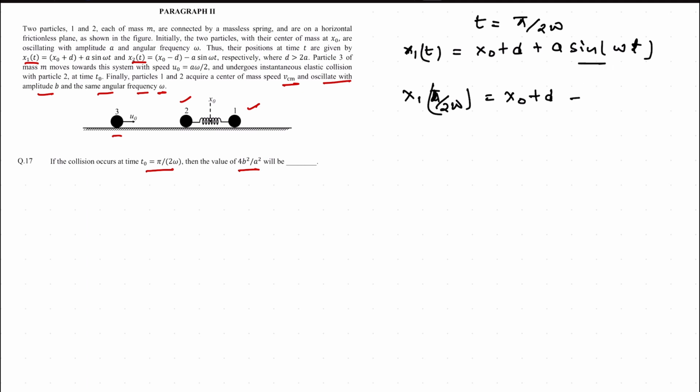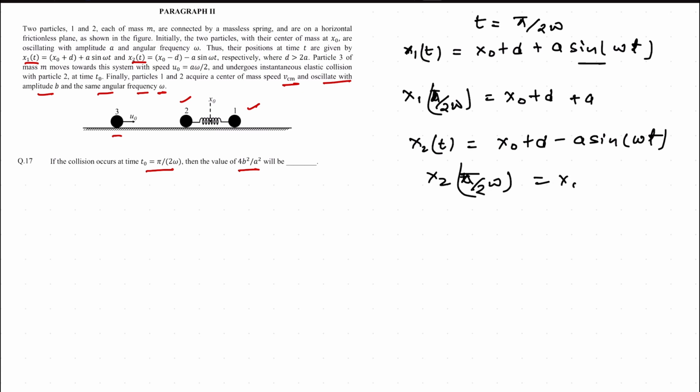So this is simply a displacement of a. If we calculate for x2, x2 of t is x0 plus d minus a sine omega t, and of course omega t is pi by 2, so at pi by 2 omega this particle is at x0 plus d minus a. All right, these are the values.